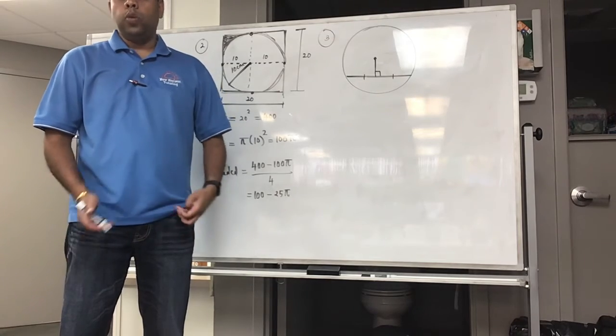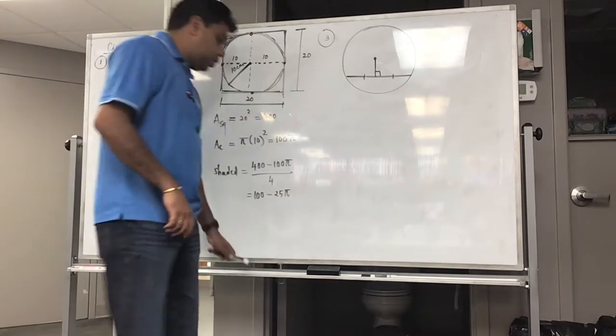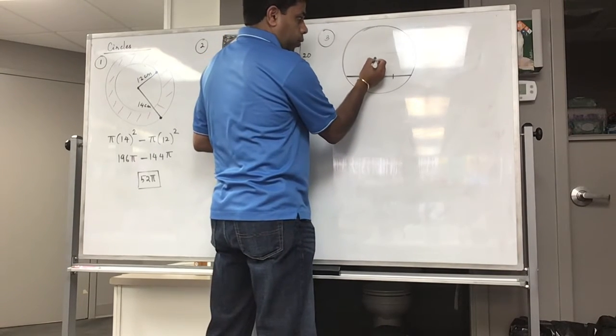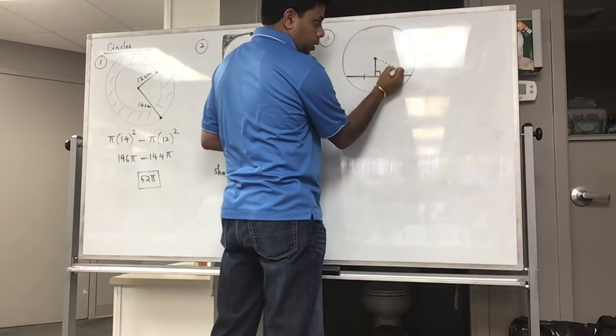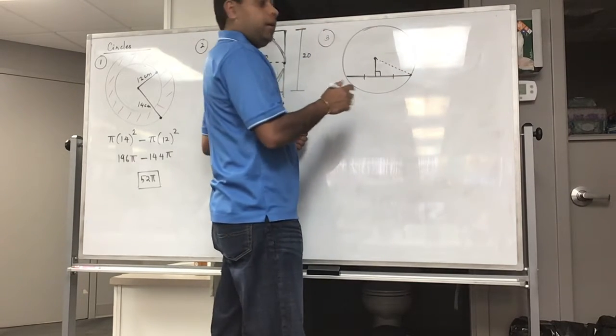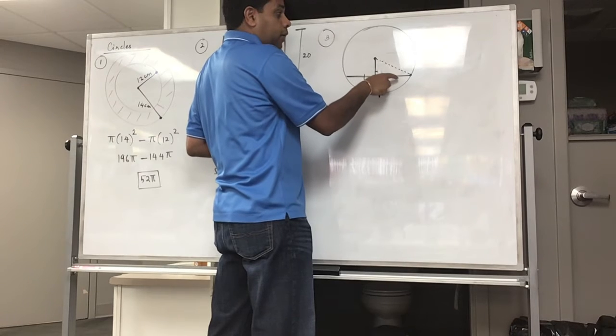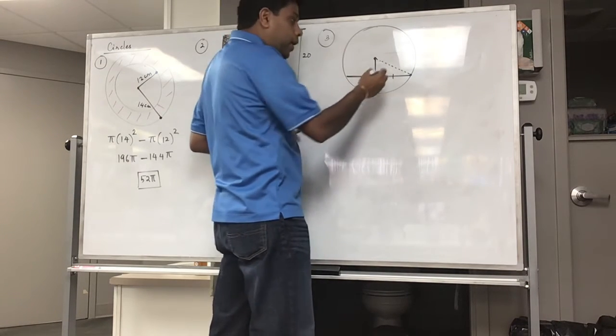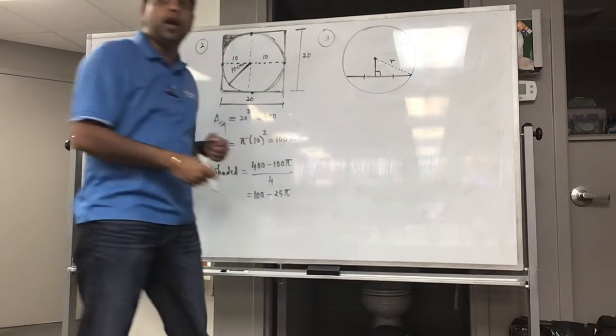Sounds good? What's the advantage of this? Now you have a right angle, and what happens here? What is this distance called? Yeah, hypotenuse in the triangle, but when compared to the circle, what is this dotted line called? Radius. So you can find a radius using a chord.